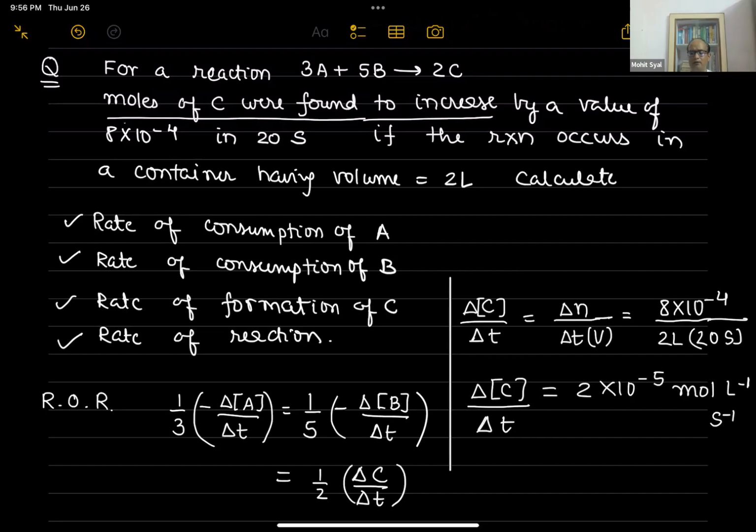I have not put a minus sign. This is the rate of the reaction.